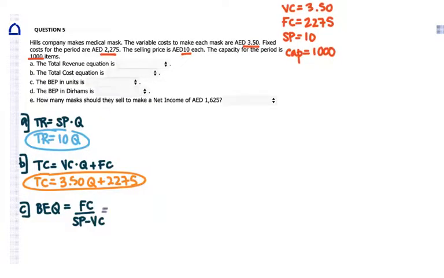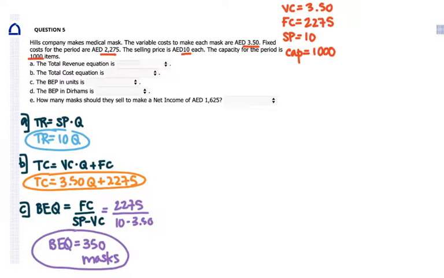And so in this case, we will get 2275 divided by 10 minus 3.50, and we get a break-even quantity of 350 masks. That means if they sell less than 350 masks, they will lose money in their company. If they sell more, they will make a profit in their company.